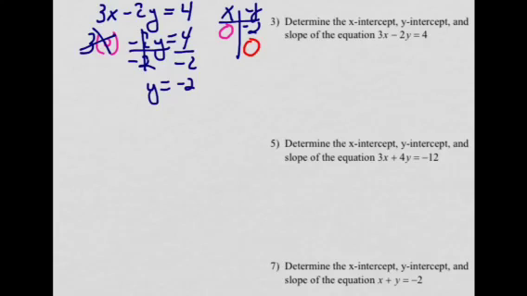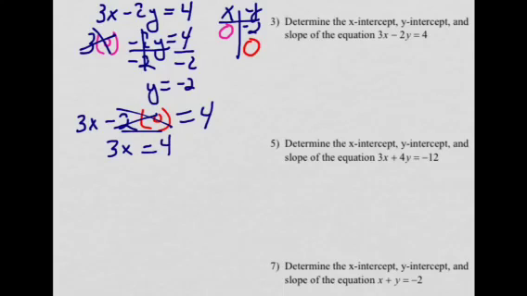So we take 3x minus 2 times 0 equals 4. Negative 2 times 0 is 0, so we're left with 3x equals 4. We just divide by 3, and x equals 4/3.